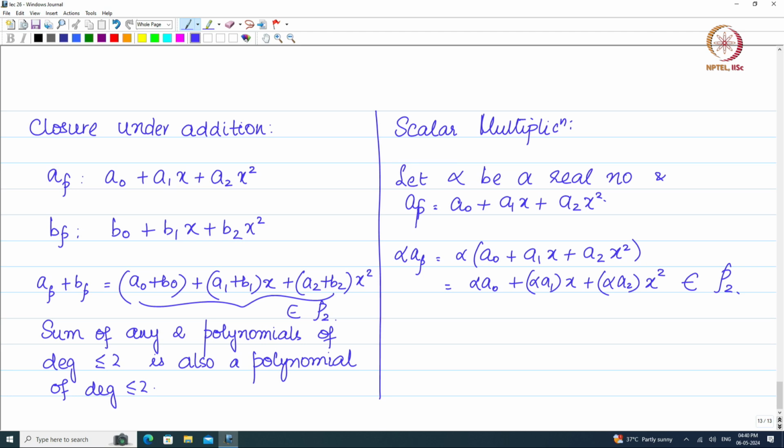Therefore, we verify the other properties and establish that P2 is a vector space.